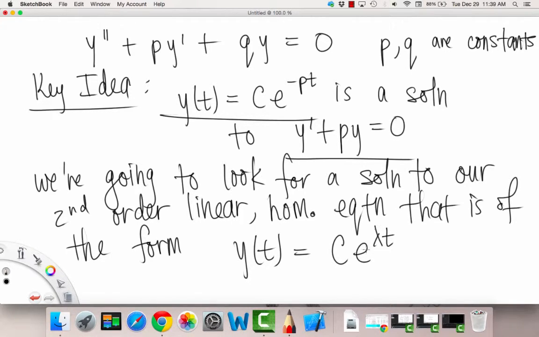And whatever this lambda is, we're going to find that out. So this is the kind of solution that we're looking for.